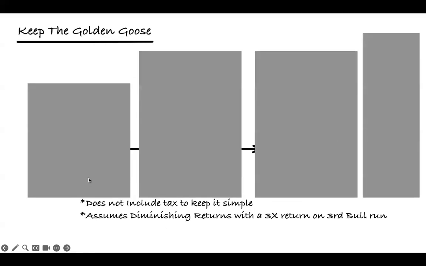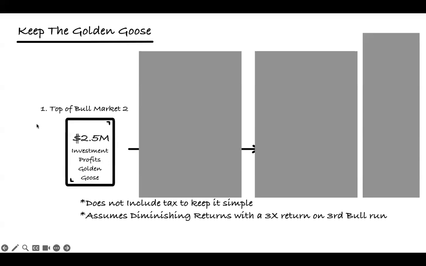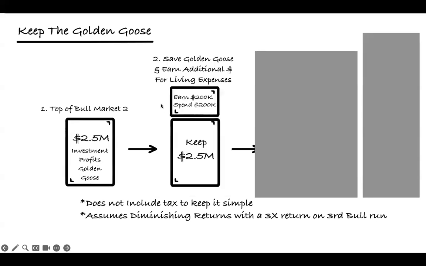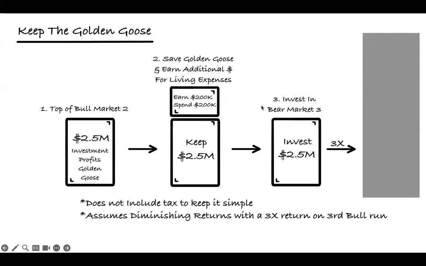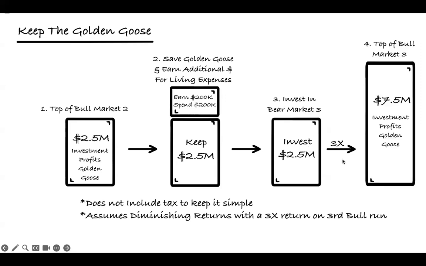But let's talk about keeping the golden goose. Well, here we go again. We started with $2.5 million instead of $1.5 million. Instead of spending that $200,000, we kept that $200,000 in there, so we keep the amount at $2.5 million. Well, what happens then is that we are investing at the bottom of bear market three $2.5 million, which will give us a return, if we get a 3x, of $7.5 million as opposed to $3.9 million, nearly 2x more, right?